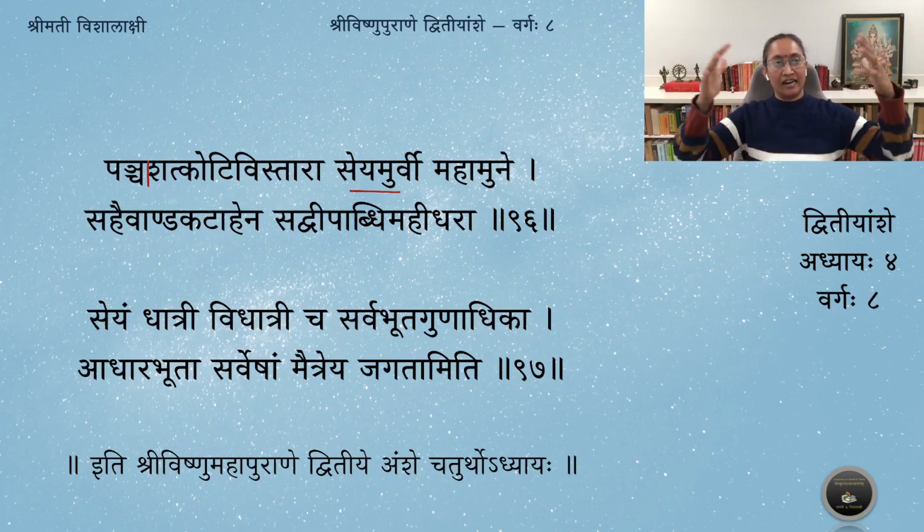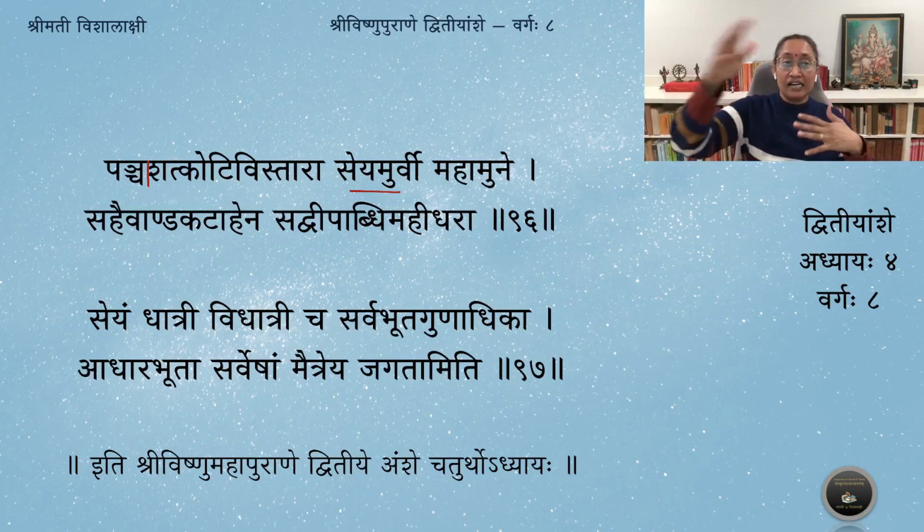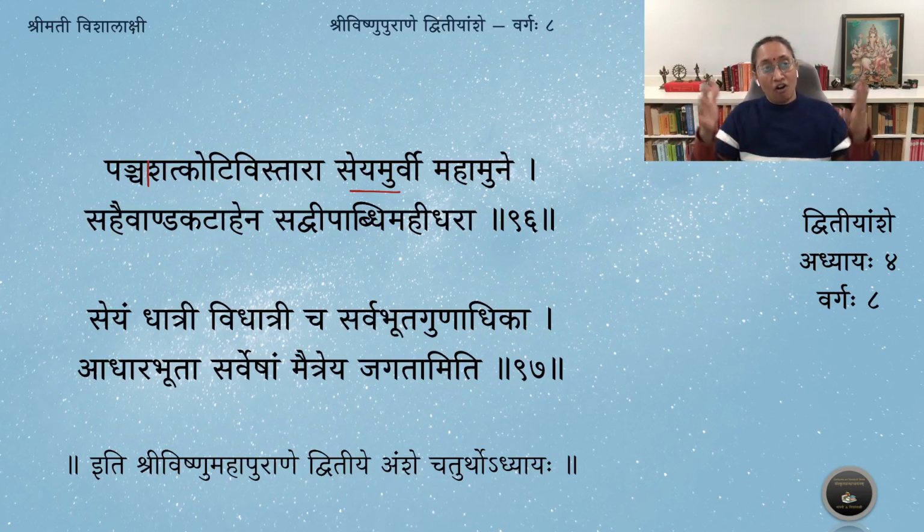So now this entire bhumi that we have described for nearly 95 slokas, seyam urvi panchashat koti vistara, the entire width of this is 50 crores of yojanas. Saha andakatahena, along with this andakataha, the andakosham, sadvipa, all of these islands, abdhi, samudram, and mahidhara, along with these mountains. Think of the entire thing as an egg. This whole thing has a circumference of 50 crores of yojanas.